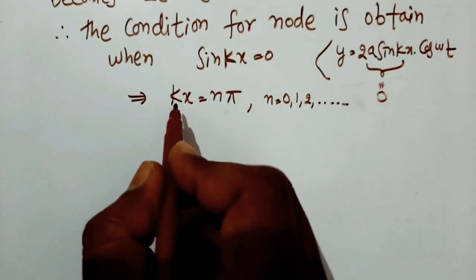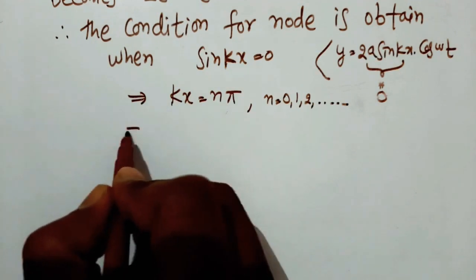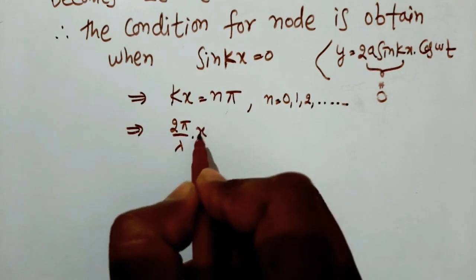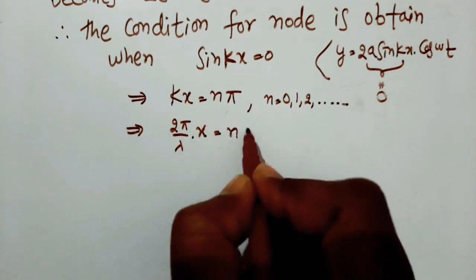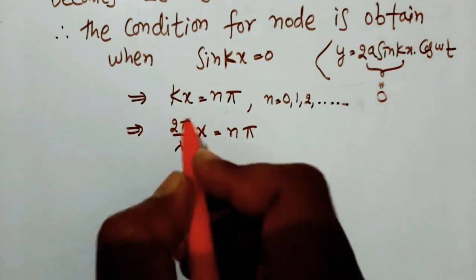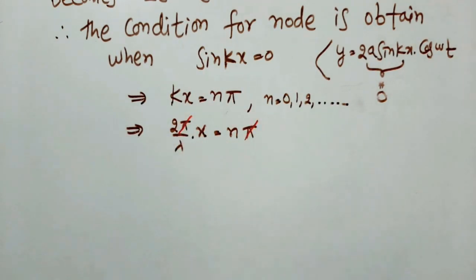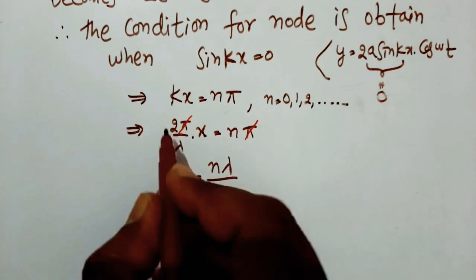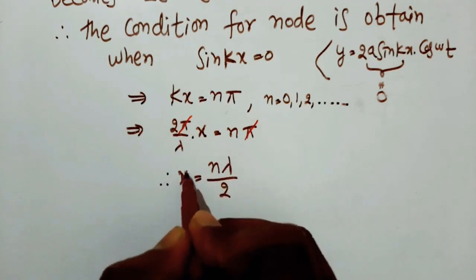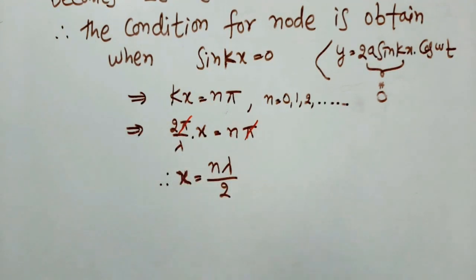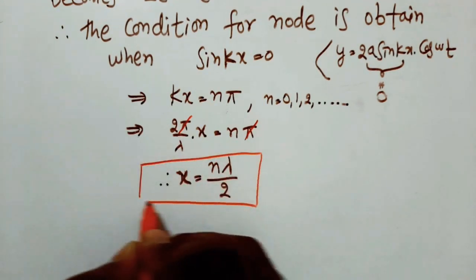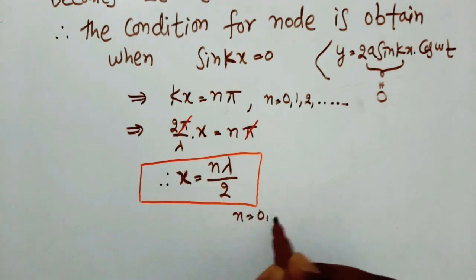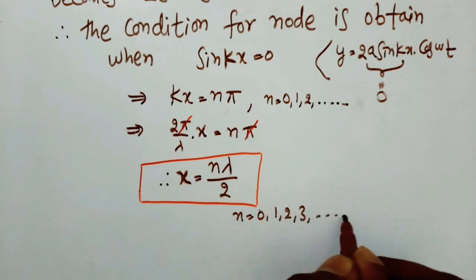We know k is equal to 2 pi by lambda. Here k is equal to 2 pi by lambda into x is equal to n pi. Here pi cancels, so from this we can write x is equal to n lambda by 2, where n is equal to 0, 1, 2, 3, and so on.